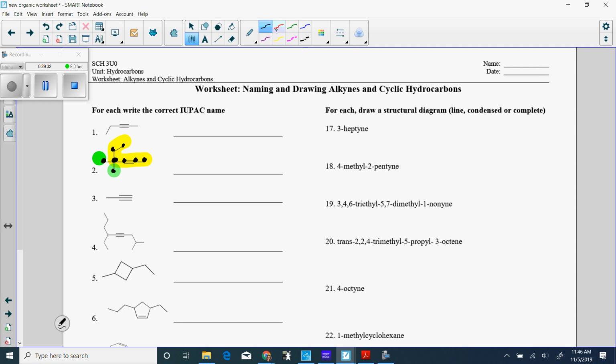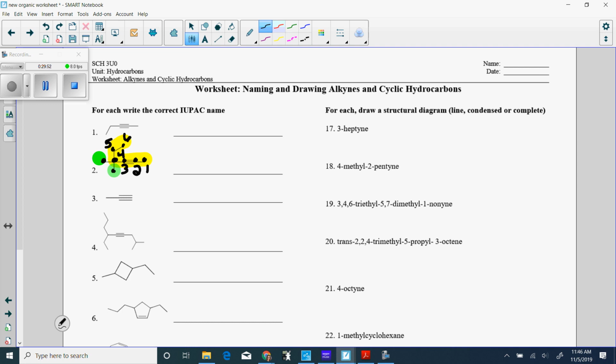What is smaller? 3, 3, 4, or 2, 4, 4. 2, 4, 4. So 2, 4, 4. 1, 2, 3, 4, 5, 6.